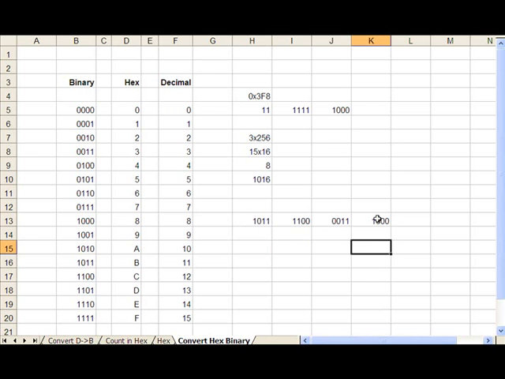So let's do the least significant 4 bits first. 1000 is the value 8 in hex.